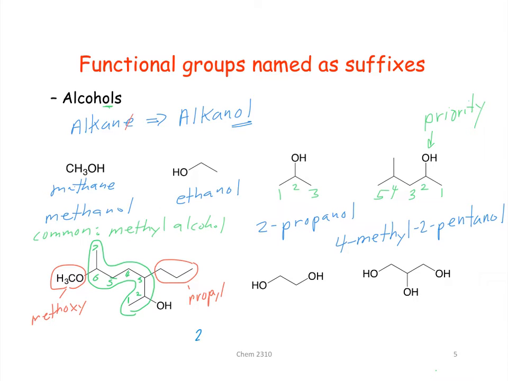So we have 2-heptanol, right? And then we have methoxy and propyl. Methoxy comes first, so 6-methoxy, 3-propyl, 2-heptanol.